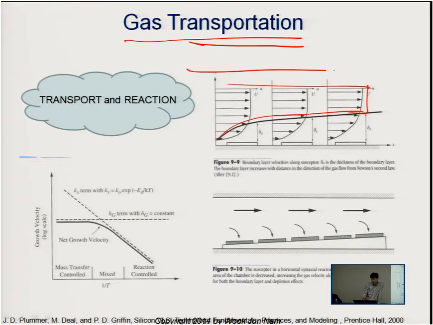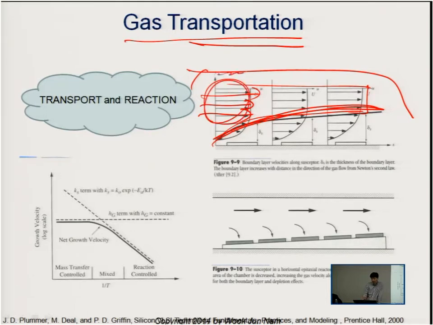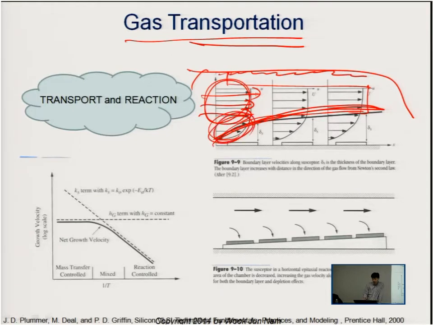If this is the tube, as the reaction gases pass through, there is a gradient, because there is some friction between the gas flow and the chamber wall. So as the location is closer to the chamber wall, its flow rate is much slower than in the middle.